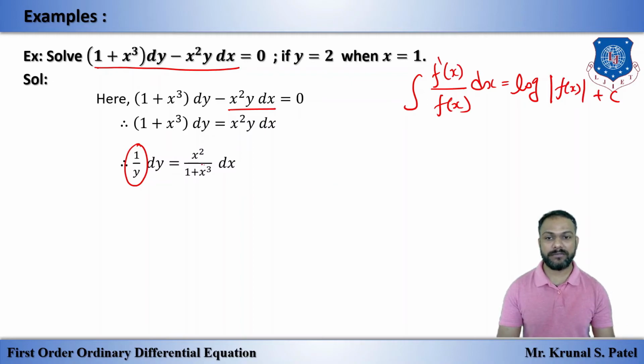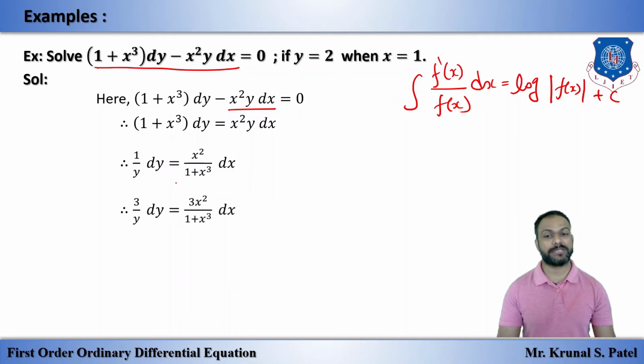Here the denominator is a function 1 plus x cube, and the derivative of 1 plus x cube is, differentiation of 1 is 0, and the derivative of x cube is 3x square. So x square is there, we just need 3. So we will multiply by 3 and divide by 3, or we can multiply both sides by 3.